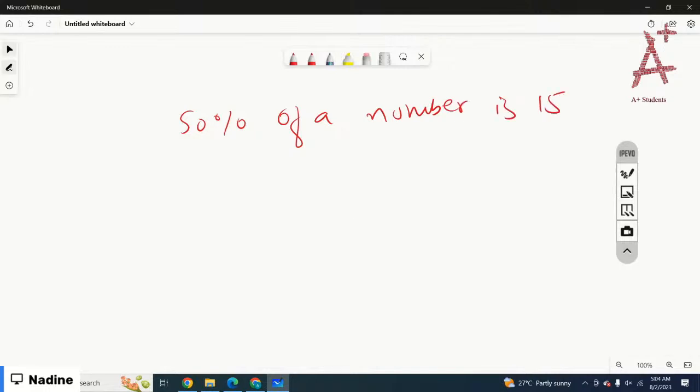You have to calculate the total number. Got it? So 15 divided by 50, because 15 is 50%, is 0.3. You have to calculate the 100% of the number. So multiply 100 times 0.3. 100 times 0.3 is 30. That means if 50% of a number is 15, the number is actually 30, right?